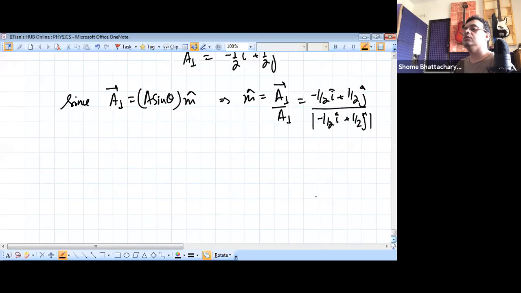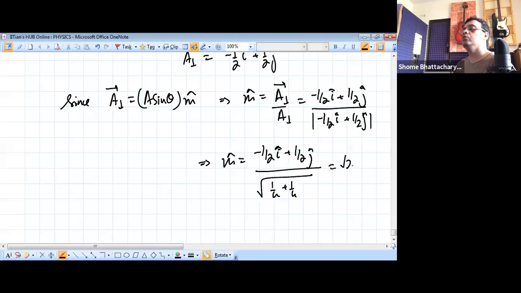That becomes minus 1 by 2 I cap plus 1 by 2 J cap divided by square root of 1 by 4 plus 1 by 4, which is square root of 1 by 2. So this will become root 2 into minus I cap plus J cap by 2. So that is minus I cap plus J cap, the whole thing divided by root 2. This is your M cap.